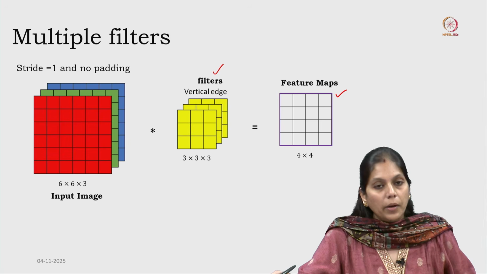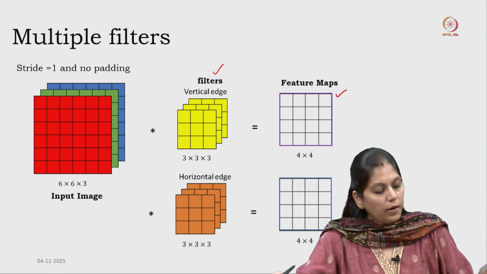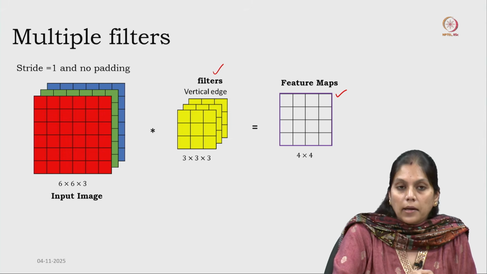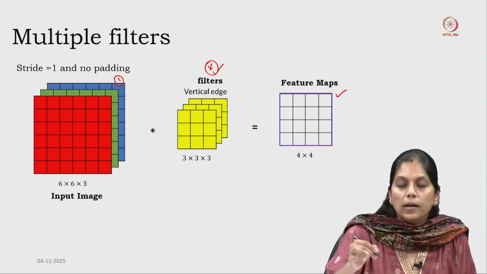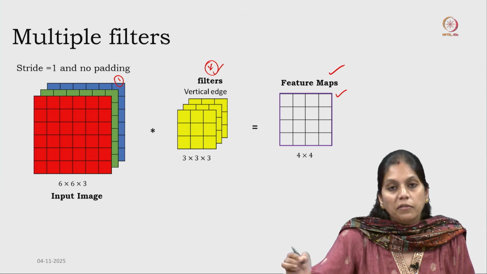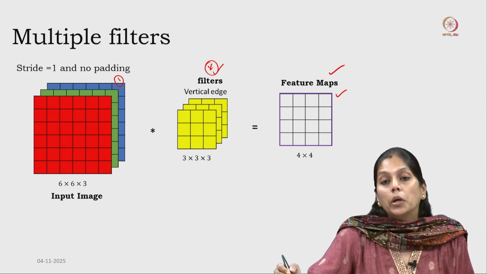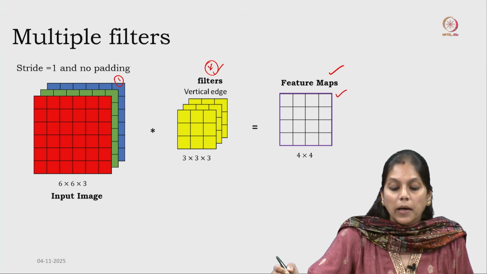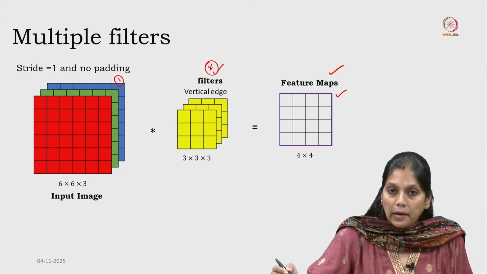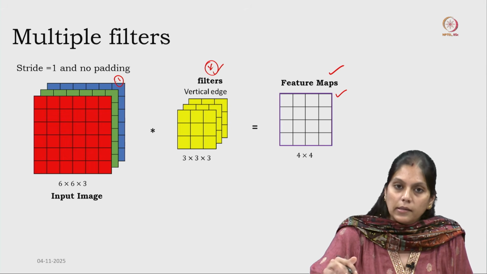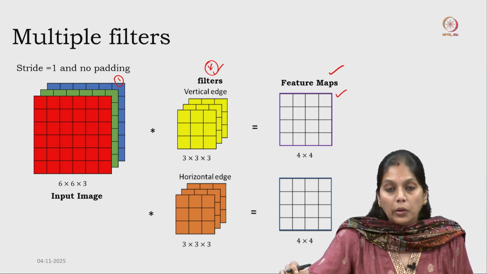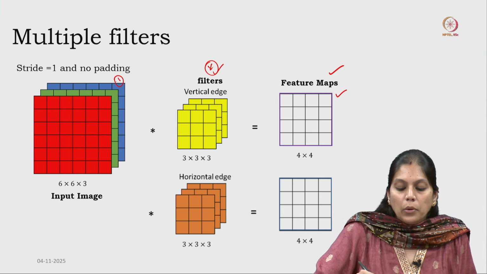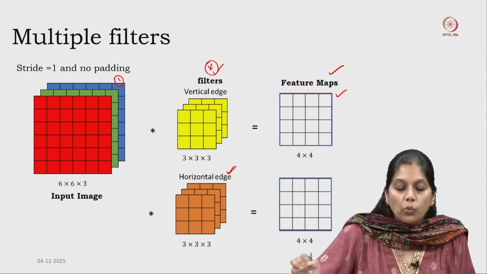Let us assume you take this input and apply this kernel, you get this feature map. Now, I want more such features to be extracted. I cannot use the same kernel again, because if you use the same kernel, you are extracting the same thing again and again. So, you will now take a different kernel.